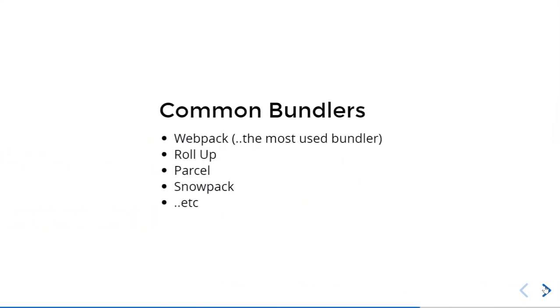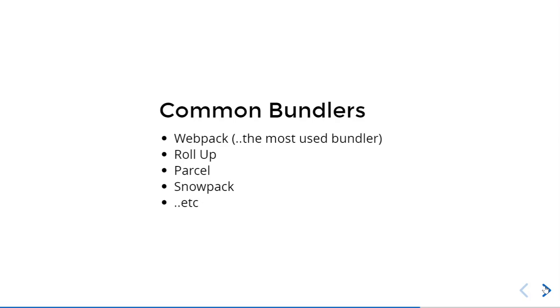Some common examples of bundlers that most developers around the world use are Webpack. I hope some of you have heard of Webpack before. Rollup, there's Parcel Bundler, there's Snowpack, and other small bundlers, but those are the top players.